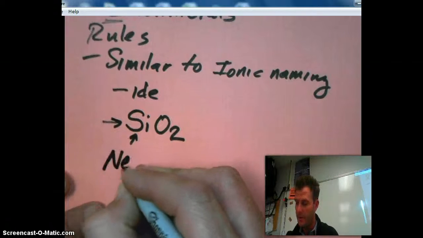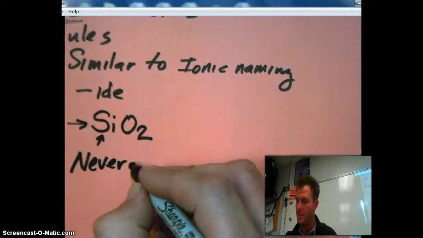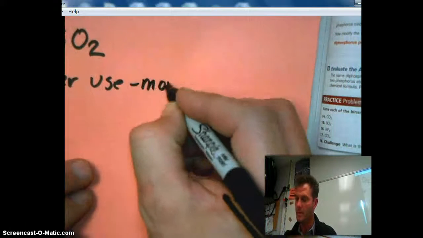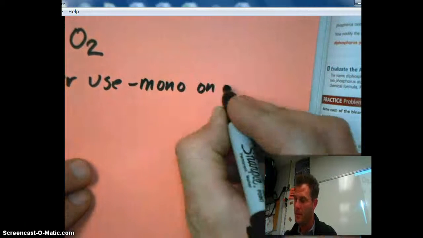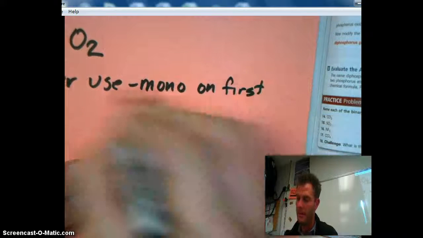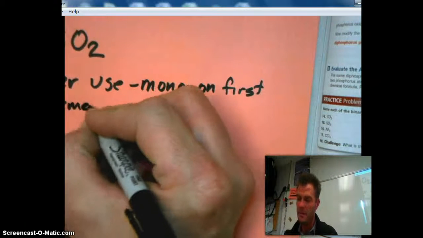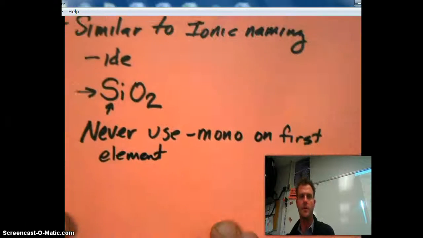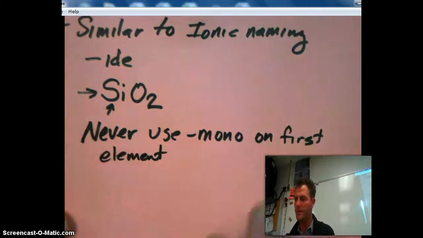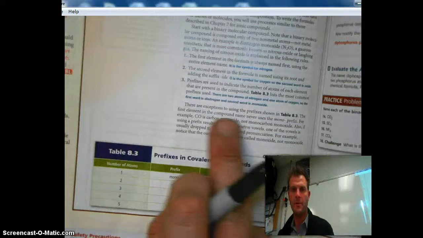So never use mono on the first element. If you look in your book, that is all right here.